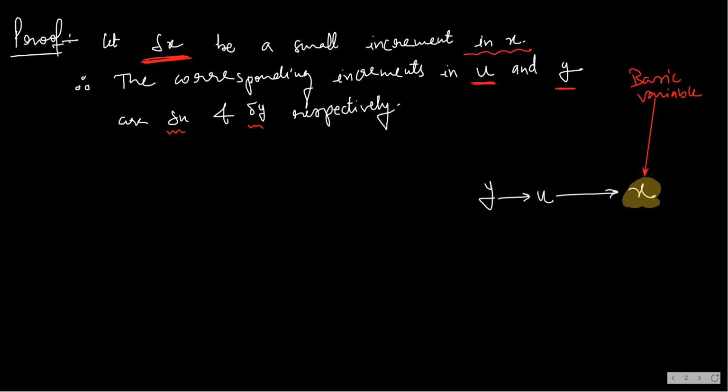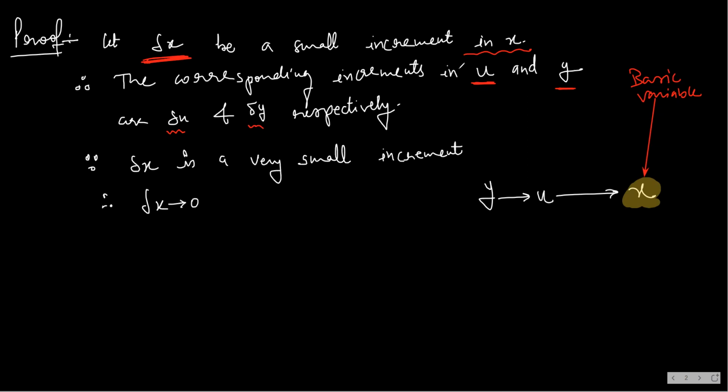Now look at the next step. The next step is very interesting. Here I will write: since delta x is a very small increment, therefore delta x tends to 0.